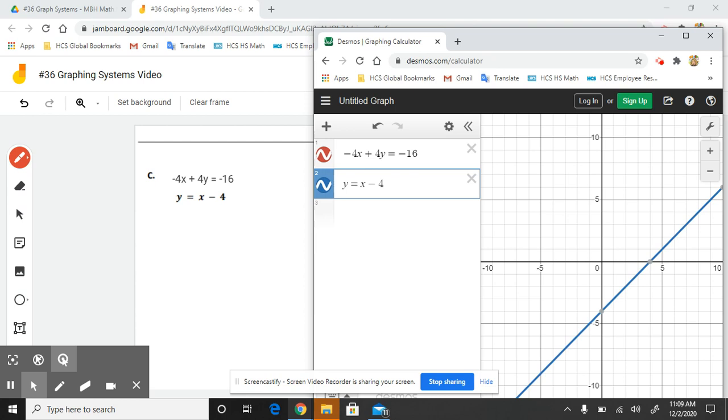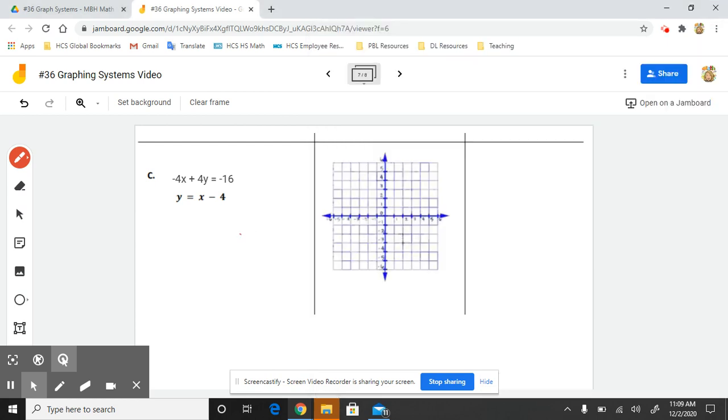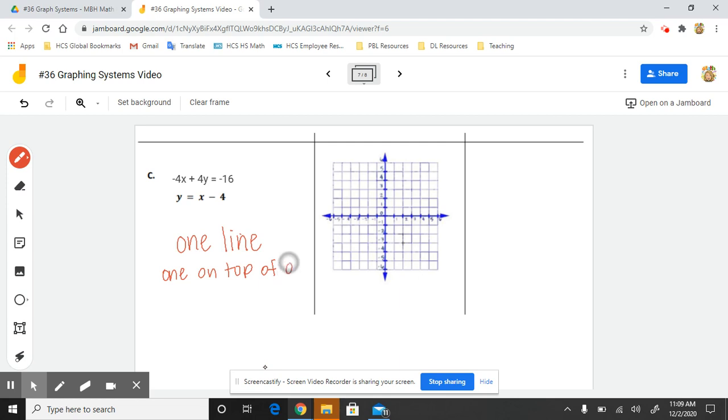Well, these guys are literally on top of each other, which means that because my lines go on infinitely and I only see one line, it's because they are literally one on top of the other. Some of us may call that overlapping lines, because that makes sense since they are overlapping each other. One is on top of the other.